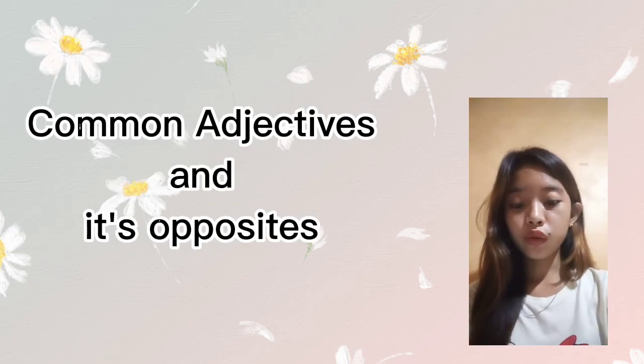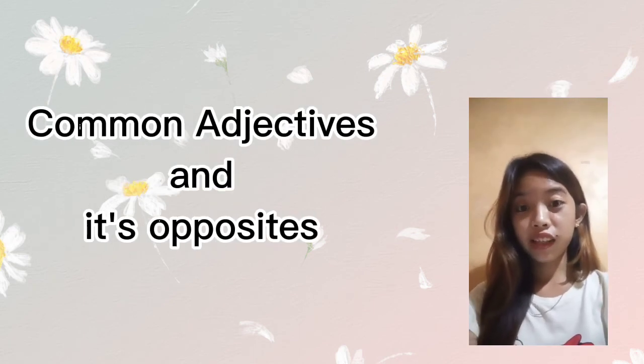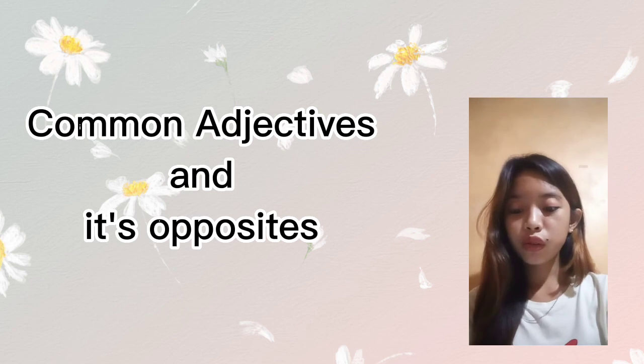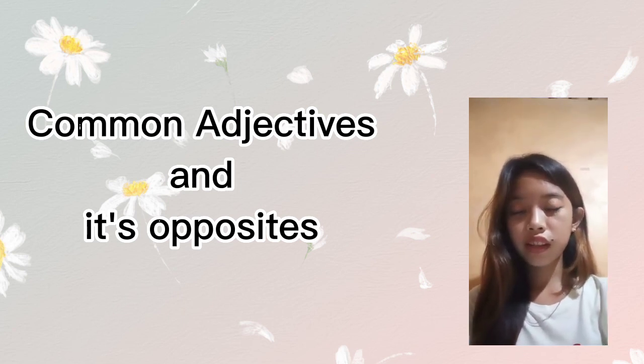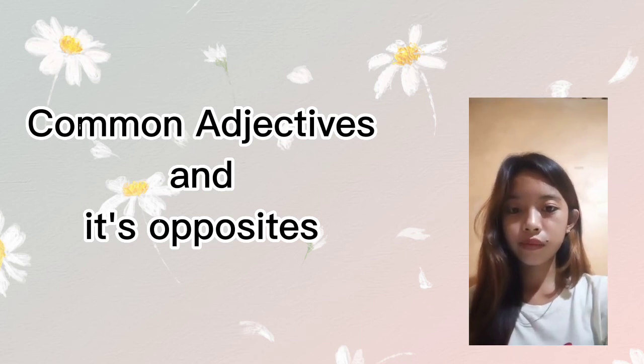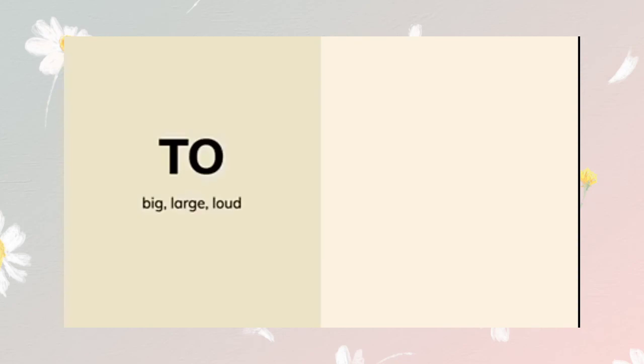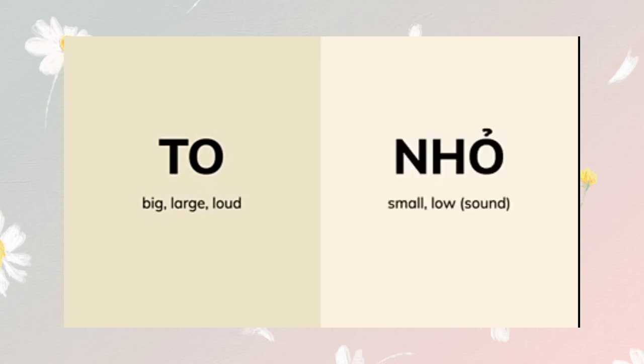Do you know how to describe the things around you in Vietnamese? We are going to talk about some common adjectives and their common opposites in Vietnamese which you can use in describing things or objects. Number 1, to, meaning big, large, or loud. Nhỏ, meaning small or low in terms of sound.